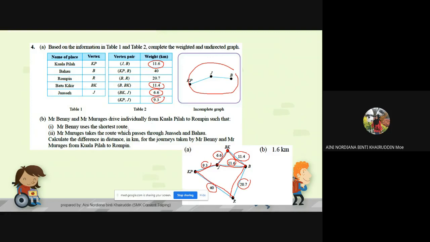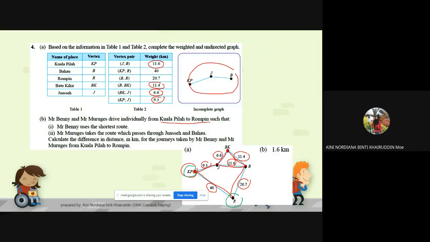For B, Mr. Benny and Mr. Murugas, they want to go from Kuala Pilah to Rompin. So Kuala Pilah here, I use different color. Kuala Pilah to Rompin. So what is the shortest route? You have to calculate.